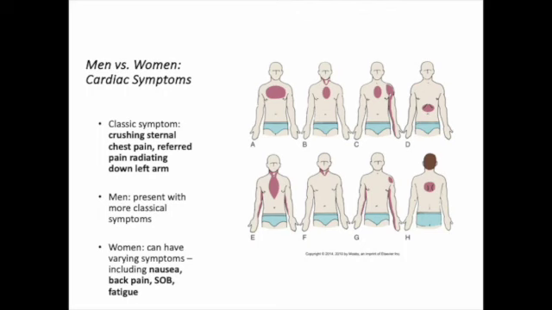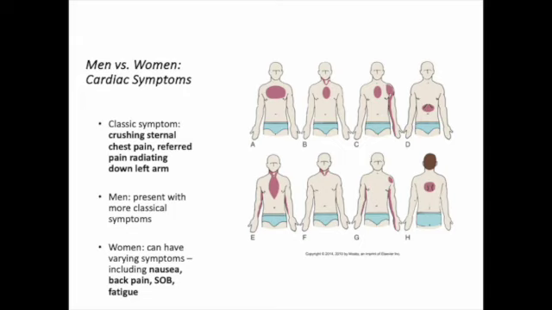Did you know that men and women experience cardiac symptoms quite differently? The classic symptoms that most healthcare providers talk about, and most patients understand to be attributable to a cardiac ischemic event or infarction, is this crushing sternal chest pain. And they'll also say it radiates down the left arm.